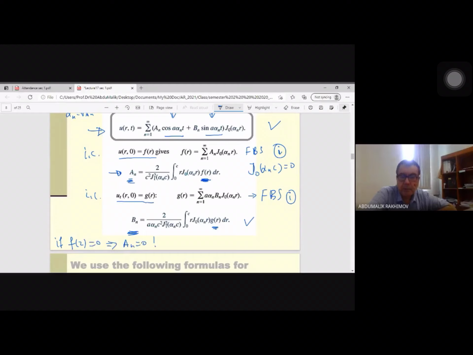Clear? Because this is the formula. If g(r) is 0, then all B coefficients are 0, because the B coefficients we evaluate through g.